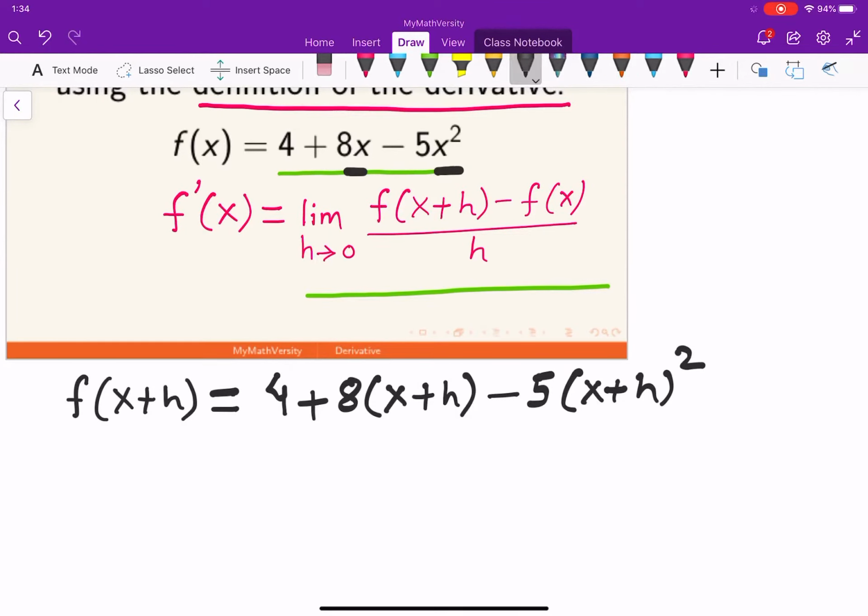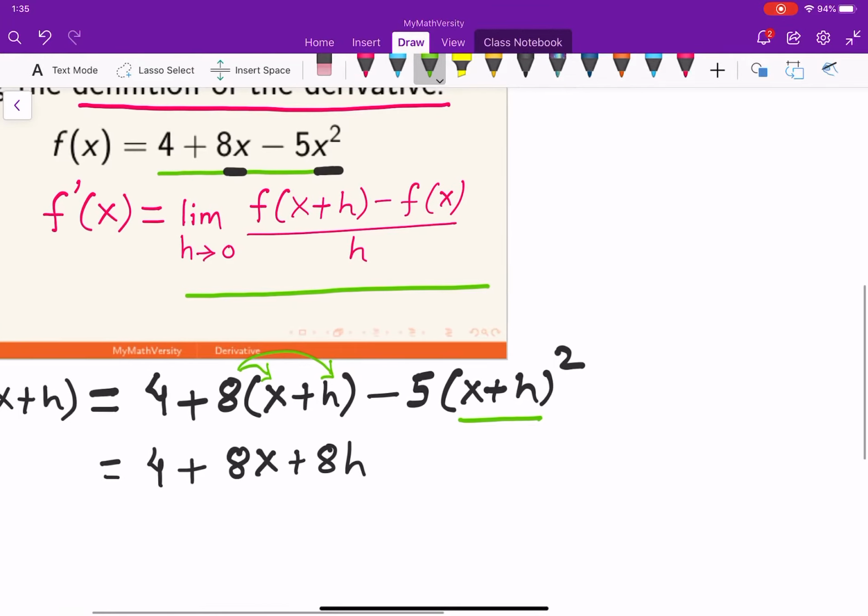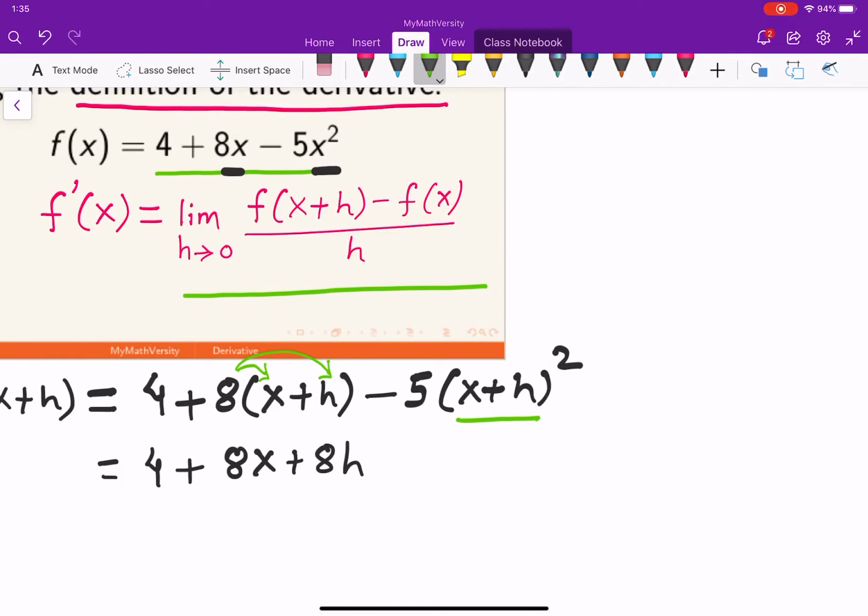To expand this, you can see here 4 is a constant, so as it is, plus, and here 8 is a constant, but it is multiplied with x plus h, so we need to distribute the 8 to both terms. When we do that, we get 8x plus 8h, right? And then also over here we need to first expand the square of x plus h, and then distribute by -5.